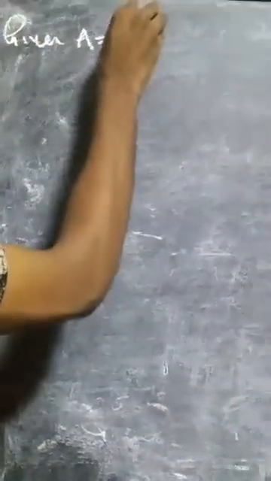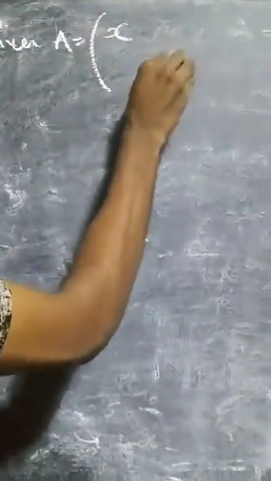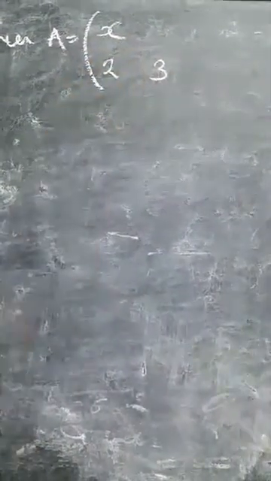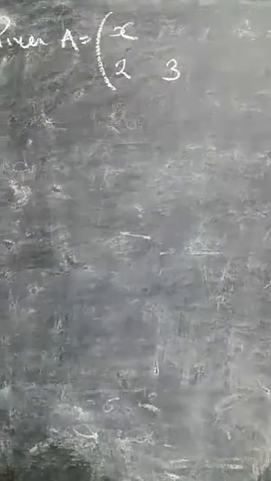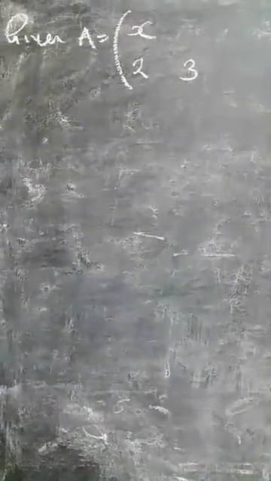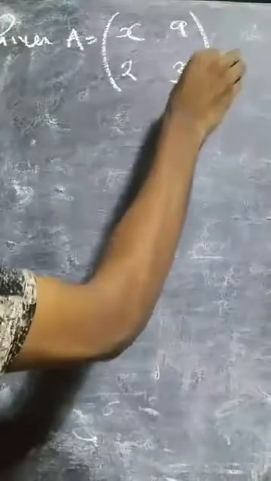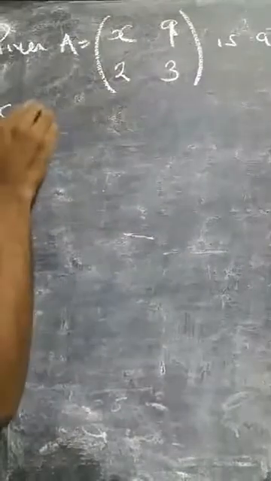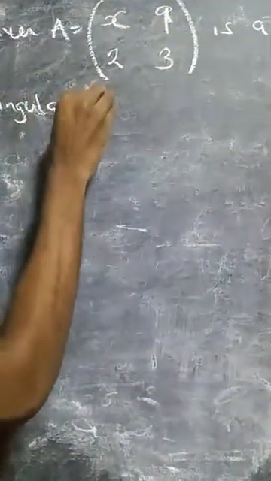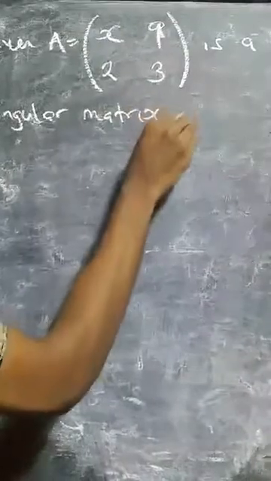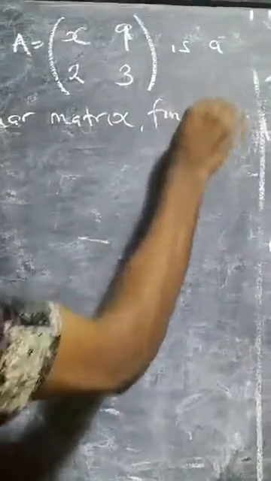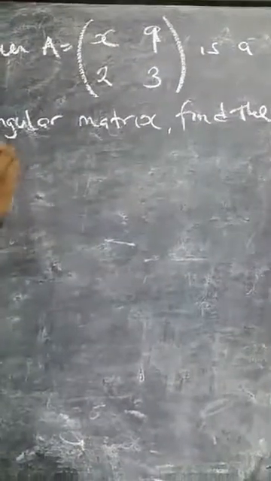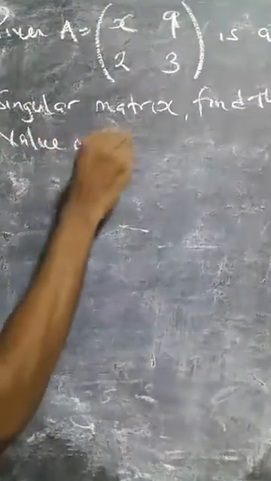Given A, X, 3, 2, 2 and a 9 is a singular matrix. Find the value of X.